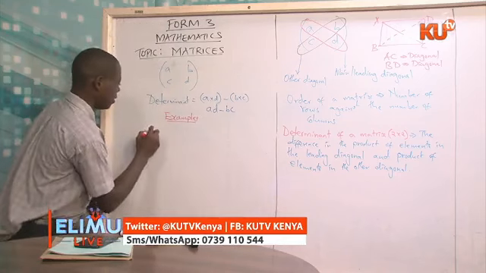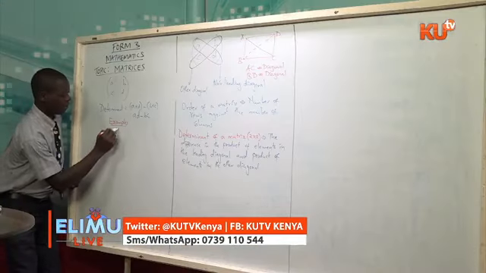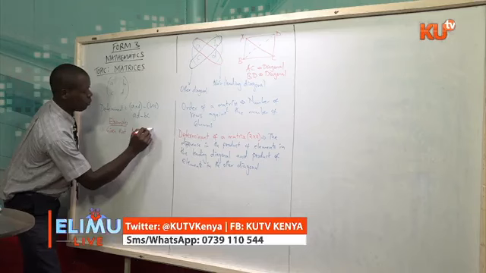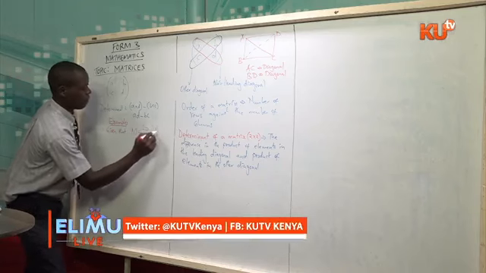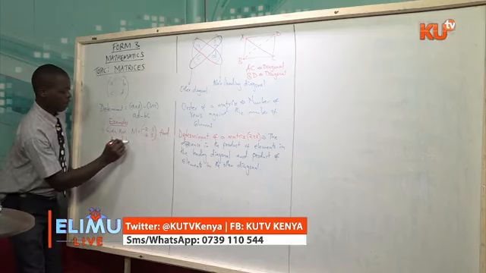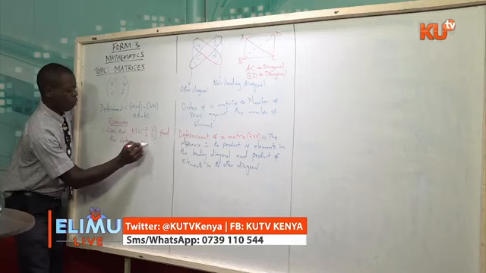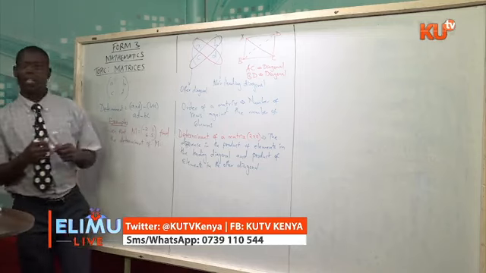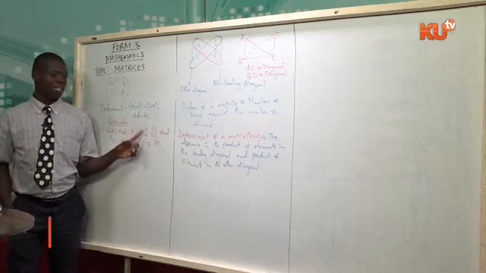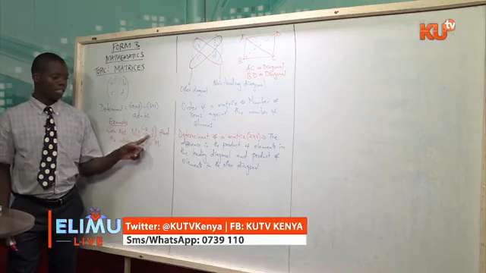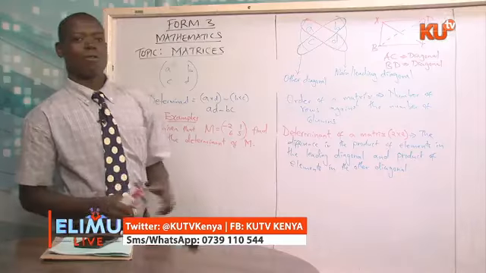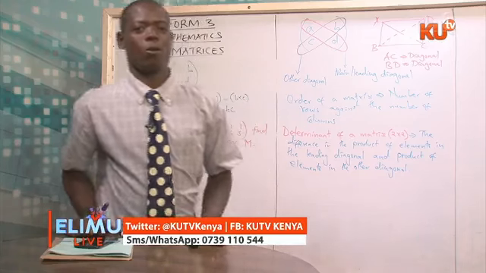We are told, number 1, given that M is negative 2, 1, 6, 5, find the determinant of M. Our matrix M has the elements negative 2, 1, 6, and 5, and we are required to find the determinant of M.